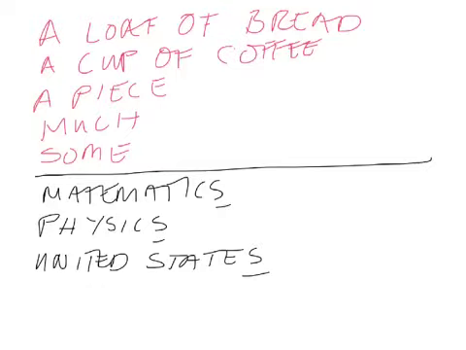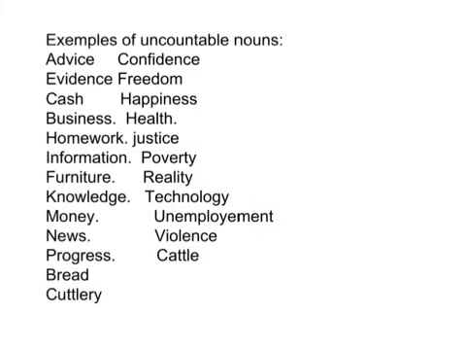I'm going to give you guys a list here. Examples of uncountable nouns: advice, a piece of advice, a piece of evidence, cash, business, homework, information, furniture, knowledge, money, news, progress, bread, cutlery, etc. Cutlery, for example, belongs to the collective category.